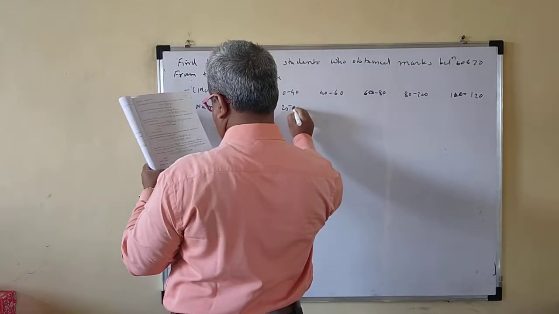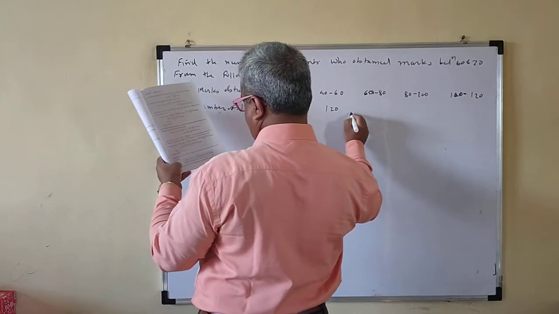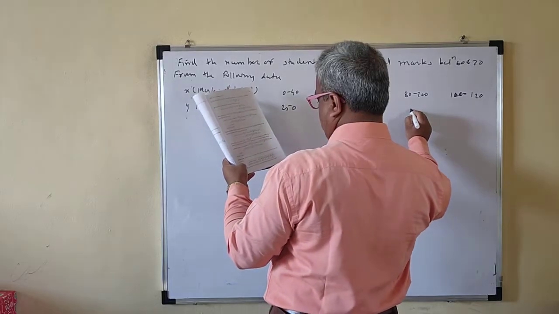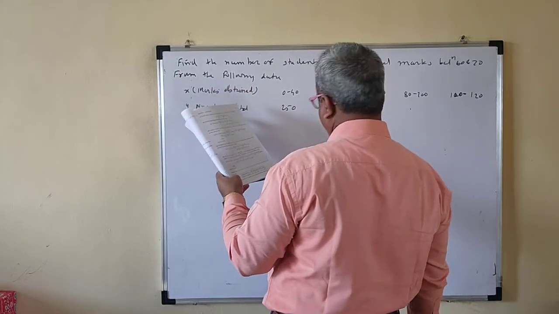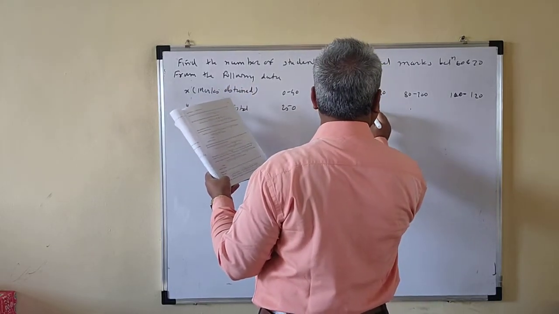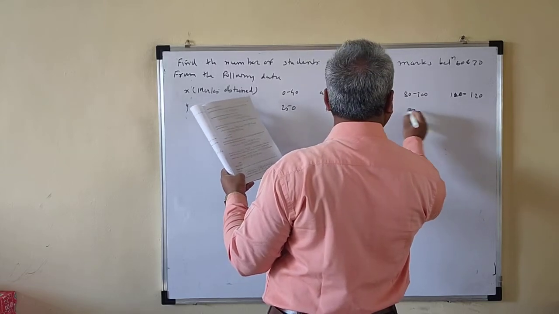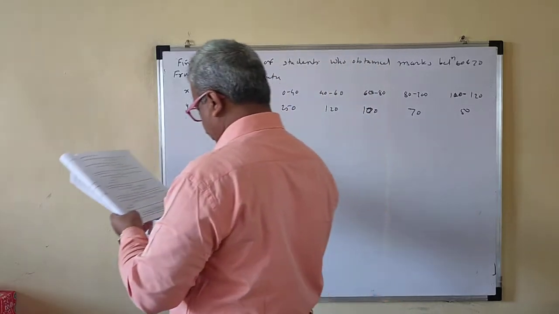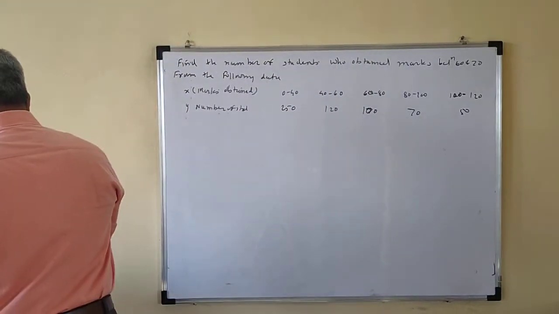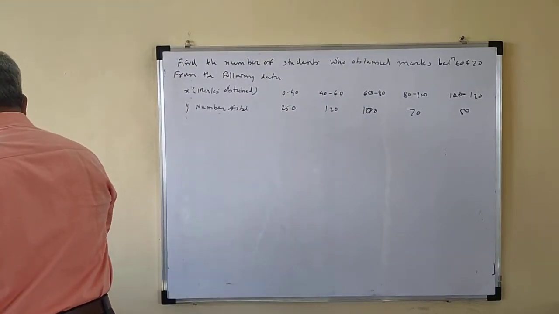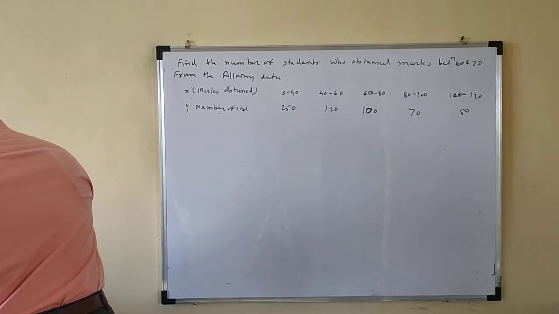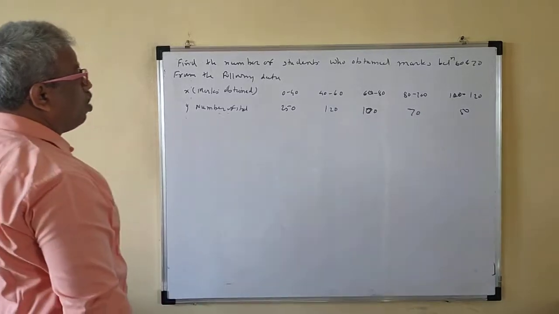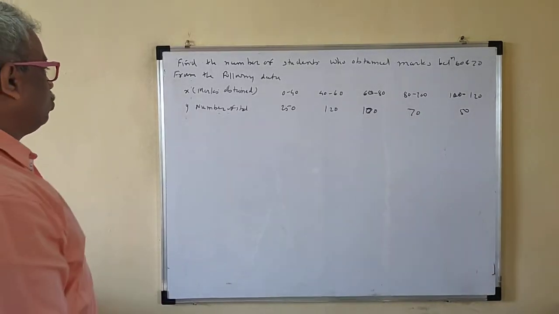The numbers of students are 250, 120, 100, 70, and 50. So you want 60 and 70. Okay. Solution.